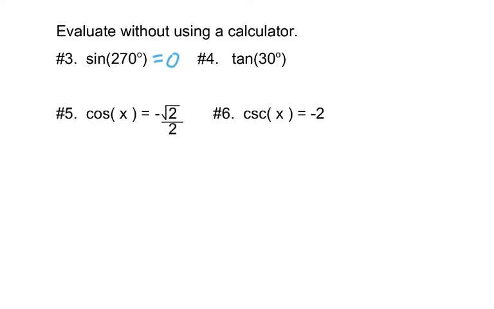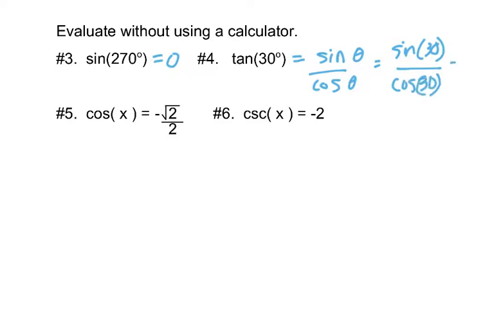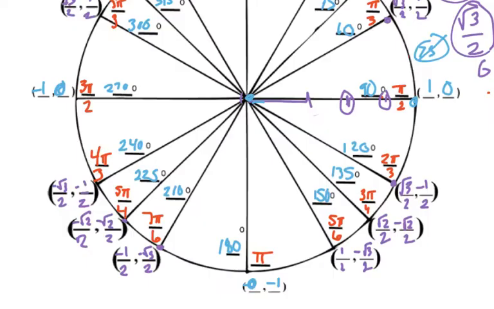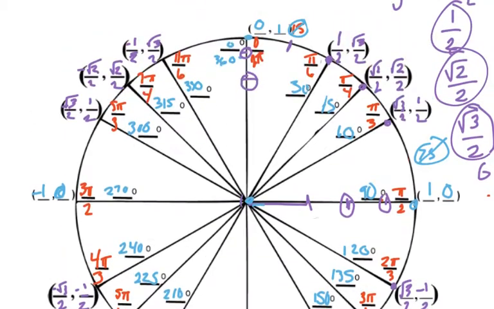Then we have tangent of 30. So tangent, we got to be careful, is actually equal to sine over cosine. So if tangent is equal to sine over cosine, that means I need sine of 30 over cosine of 30. And then I'd be able to find tangent of 30. So where's 30? Up here.